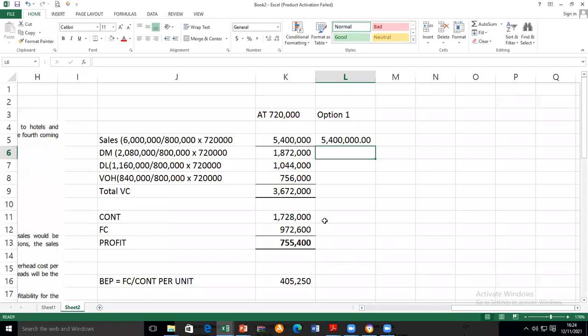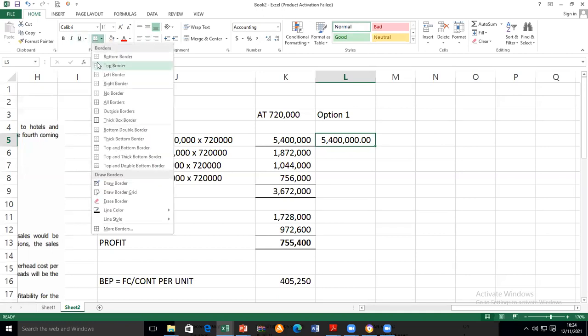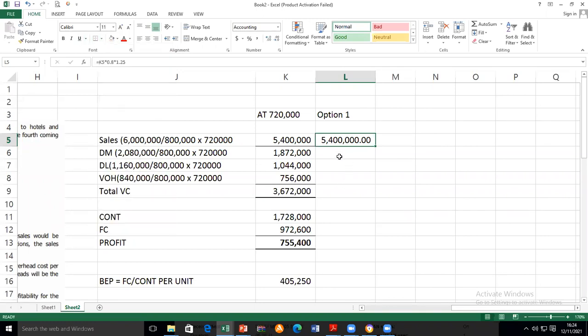What will happen to the variable cost? The variable cost will go up, because the volumes have gone up, people.